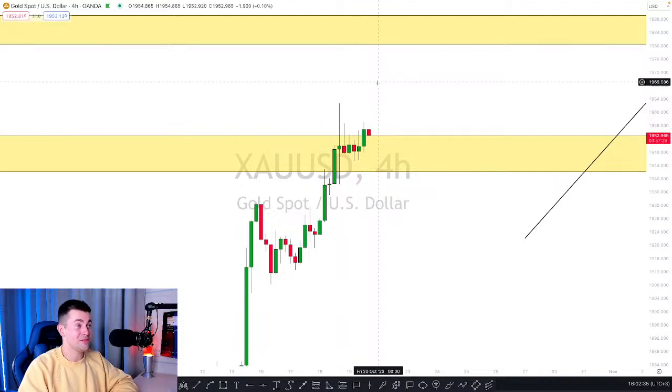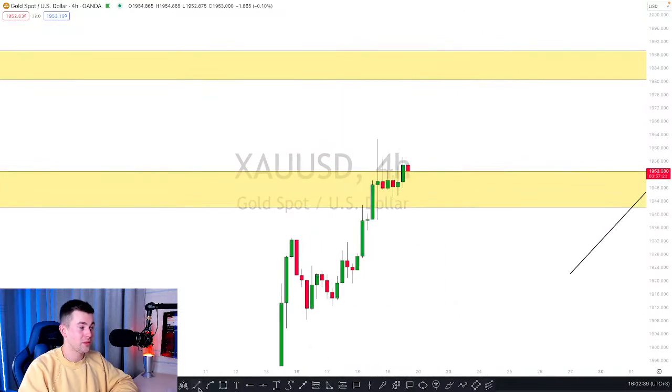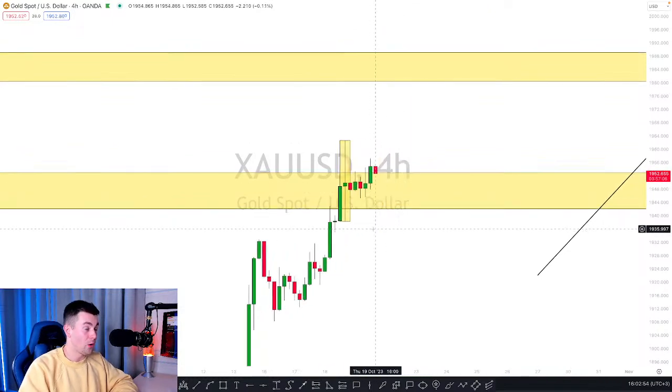The pattern that I see here is the inside bar formation. The thing is that we have a very wide candle with a very wide range. Even though the body of that candle is very small, the range of that candle is very wide.